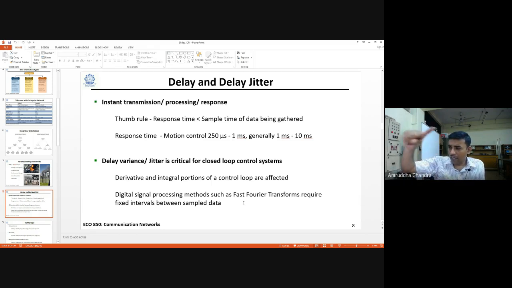In any case, there is a control loop: you give some signal, some actuator is activated, and then you sense something and send it back. So it's a continuous loop, and that whole loop gets affected by jitter. Also, when you are considering it in digital form, you need a fixed gap, because otherwise the digital sampling and the signal processing go into jeopardy.